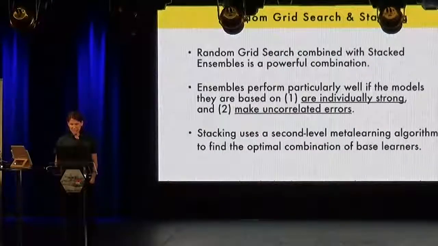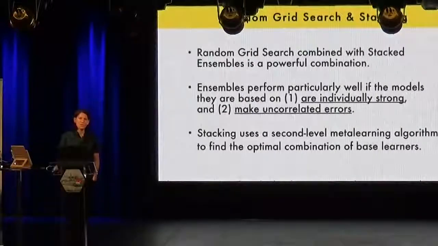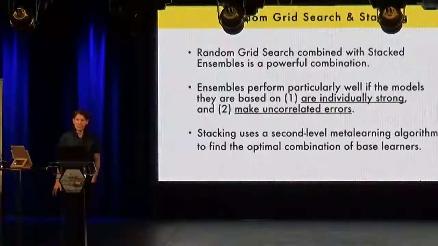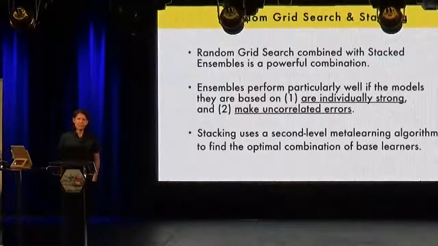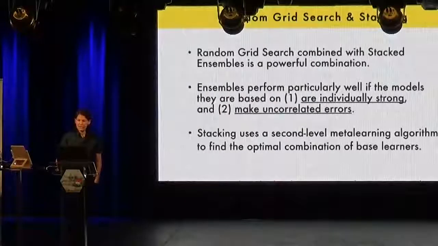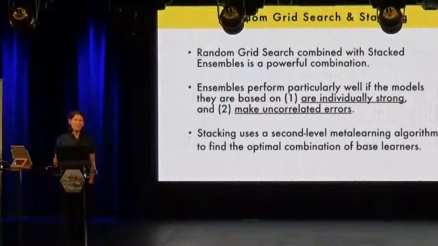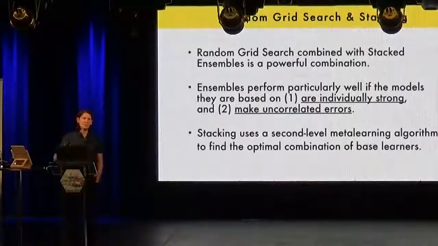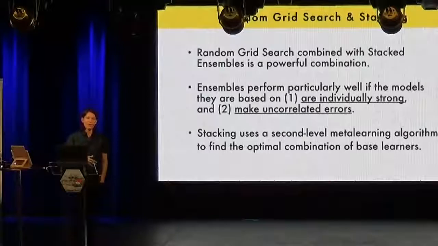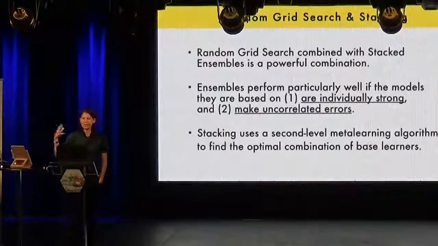And so let me say, why do we do random grid search and stacking together? Those two techniques fit really well together because stacking does well when you have a diverse model set. A strong, diverse model set, so a GBM, or maybe a whole bunch of GBMs, and a random forest, and a deep neural net. I wouldn't call GLMs a strong model, but sometimes it's good to have those in there.